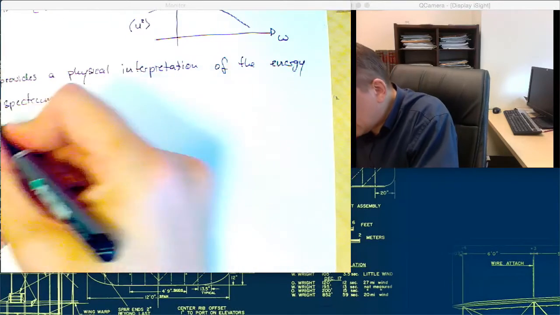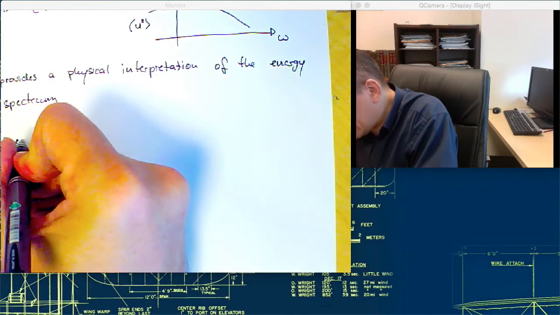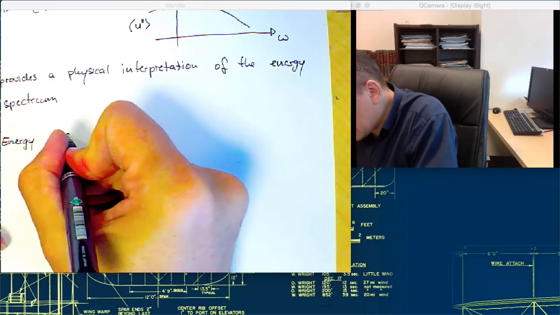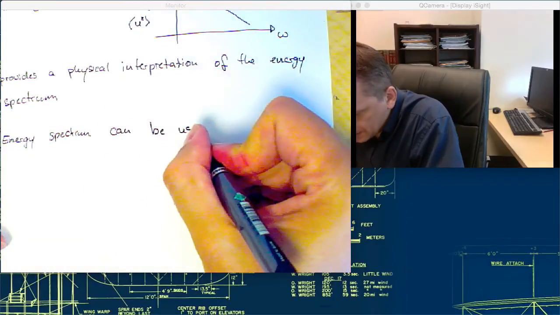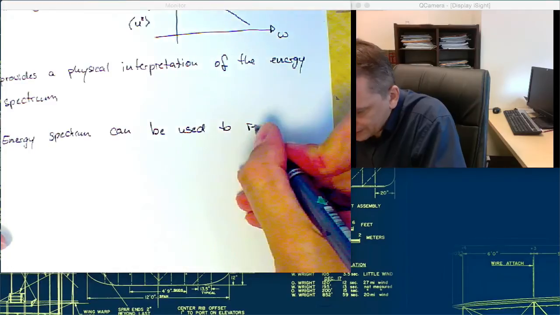The energy spectrum can be used to recreate the signal.